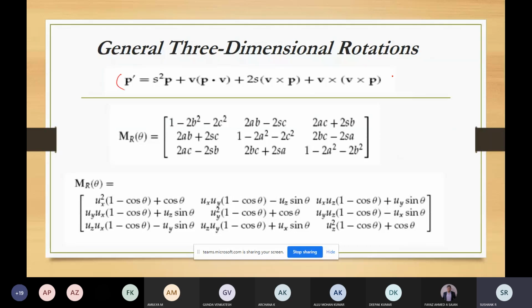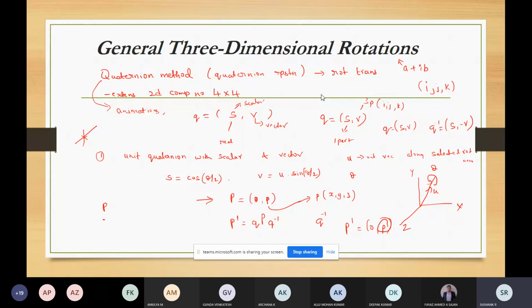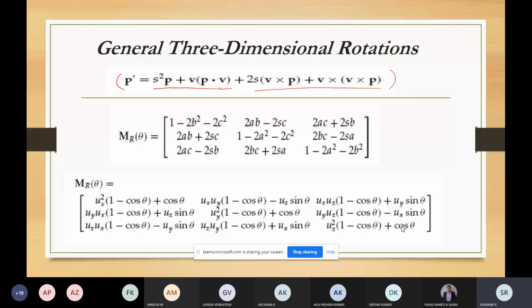It is a summation of scalar and vector terms, a combination of scalar product and vector product. So the rotated point position P dash is given by P dash is equal to S square P plus some further terms in this formula.